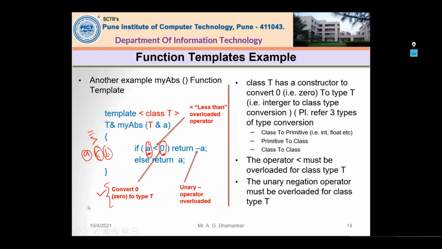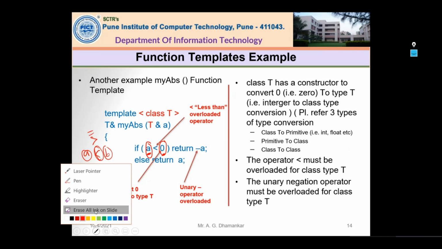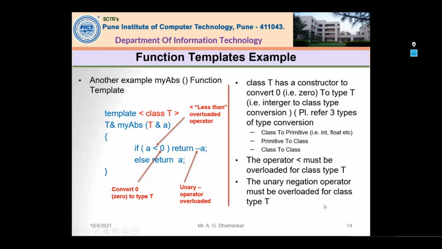Now for this in C++ we have these things to be learned. This is a section: class T has a constructor to convert 0, okay, to type T, the integer to class type. And for reference, that's why I have given here the 3 types of type conversion.